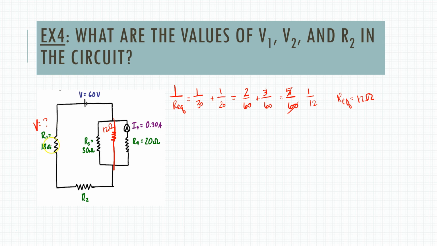Well, in order to know the voltage right here, I'm going to have to know the current right there. What do I know about the current? Because that's what it's going to take for me to do that. It also wants to know V2. Same deal. In order to know the V here, I'm going to have to know the current. And it wants to know R2. It wants to know what this is. So I'm going to need some pieces of information to do this.